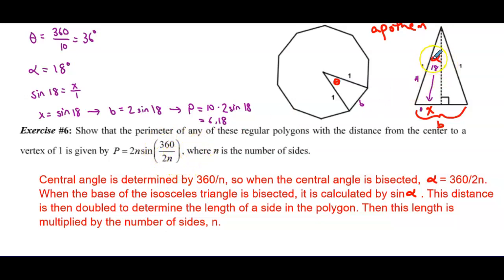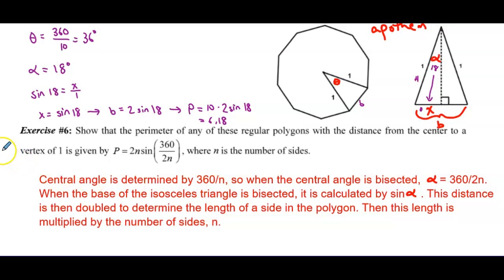That's the alpha from this separated triangle. The 2n part, the reason we do that is because we doubled it: when you solve for this half angle, you get half the base. When you put this 2 on it, now you have the whole base. And then when you multiply it by n, that's what this 10 did. It multiplies by the total number of sides in the polygon. So that's the basic explanation for it.